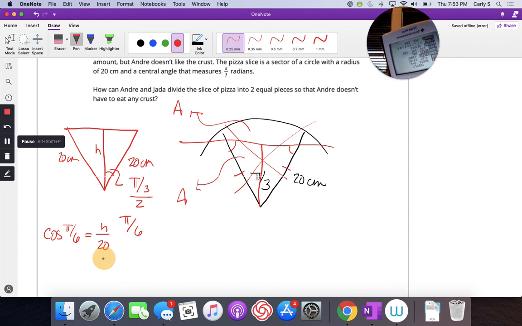I had to go down and select it into radians. So I'm going to quit and say cosine of pi over 6, times 20. That is 17.3. So the height is 17.3.